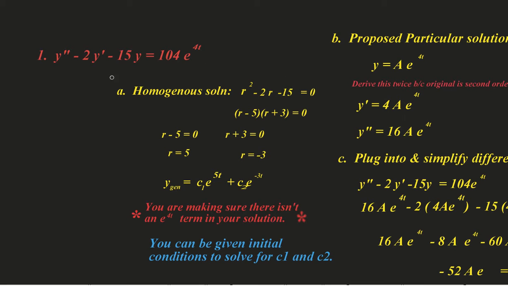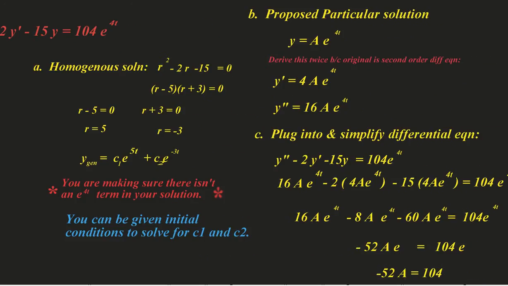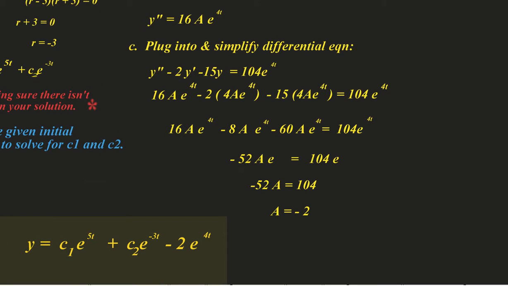Then derive however many derivatives you have present in your equation, plug in, simplify, and solve for the constant. Then your solution consists of your homogeneous solution plus the actual particular solution that you found.